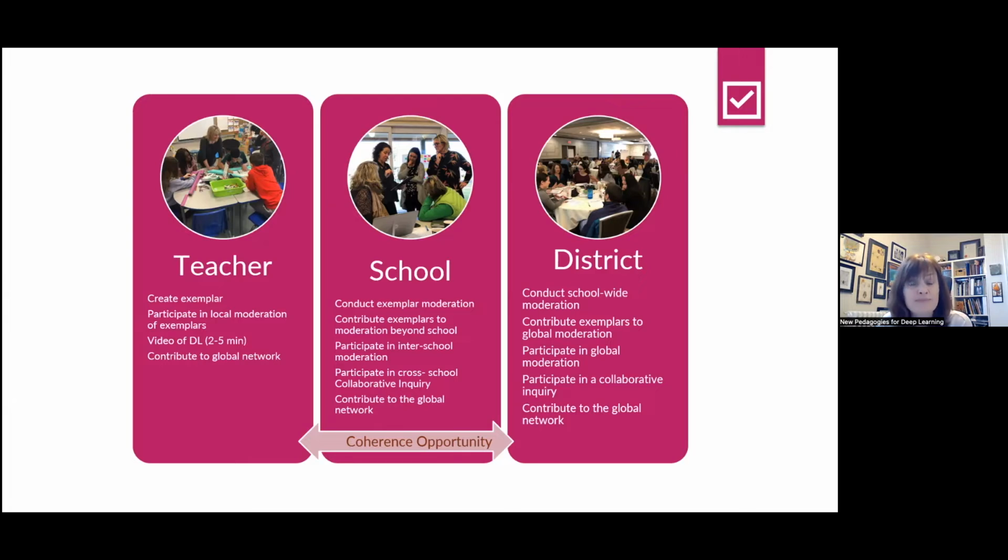If you're a leader in a school or in a district, you might think of the distinction pathways as a robust way to engage your staff, to build coherence, to generate motivation, and to share understanding of deep learning across your organization.